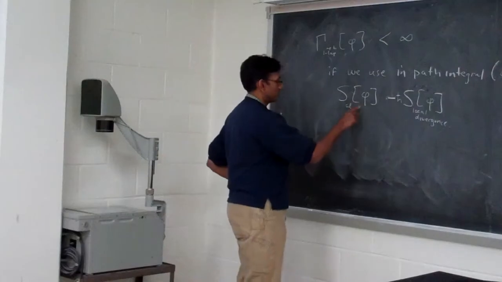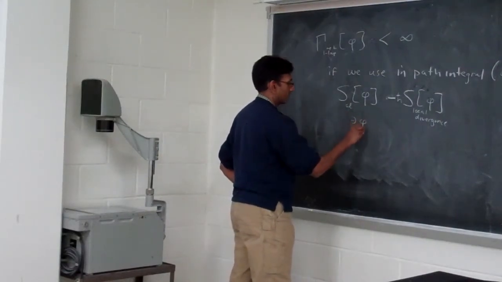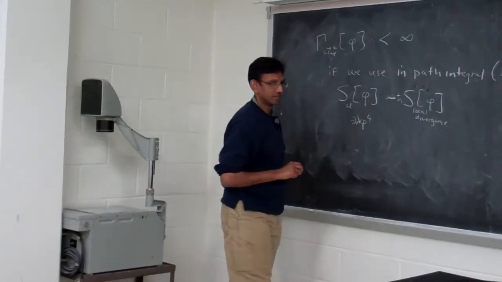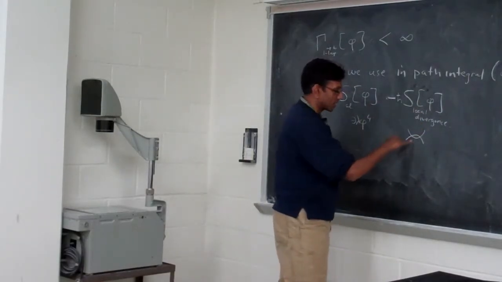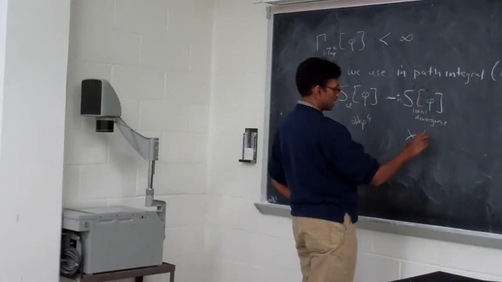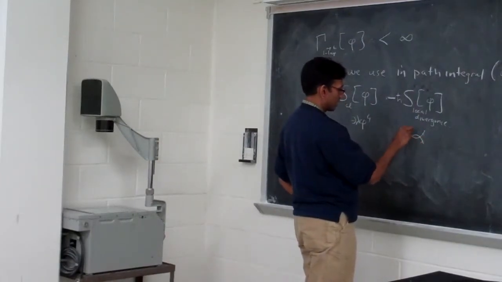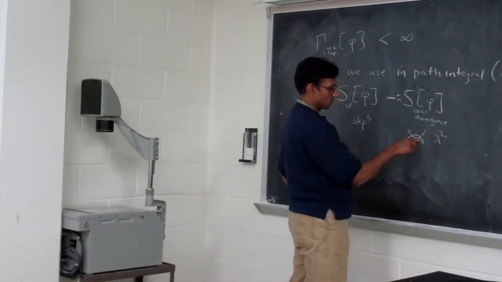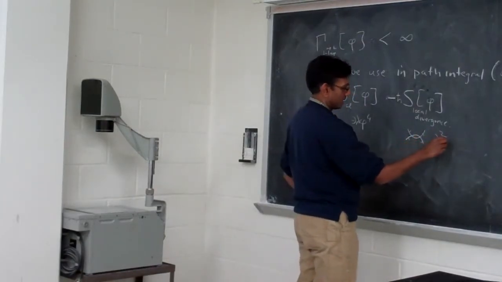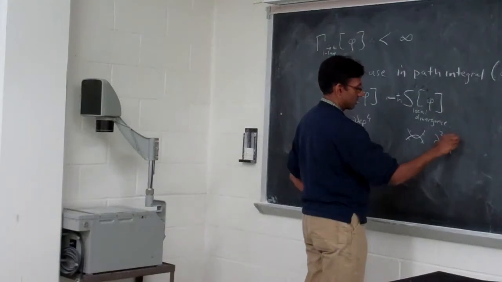So for example, this thing might contain a lambda phi to the fourth. This thing, by doing graphs of this type and looking at the local divergence, might contain terms in the effective action that look like lambda squared phi to the fourth.